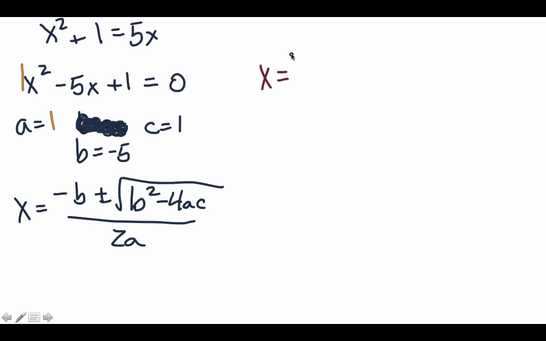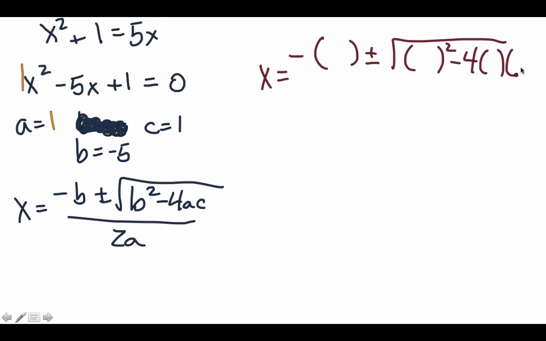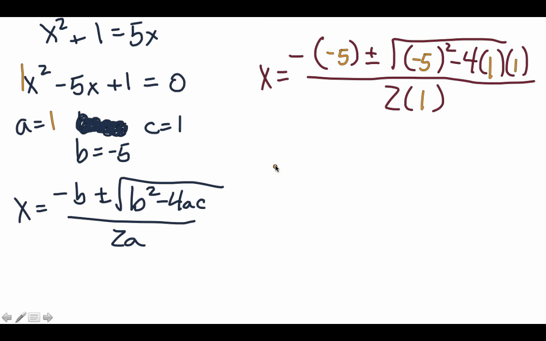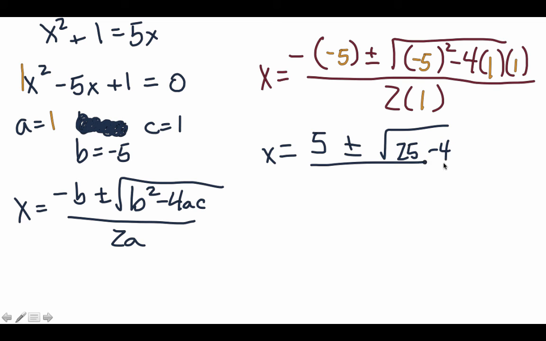X is equal to the opposite of B plus or minus the square root of B squared minus 4 times A times C, that whole mess, divided by 2 times A. So putting these variables in, the opposite of negative 5 plus or minus the square root of negative 5 quantity squared minus 4 times A times C, all divided by 2 times A. That simplifies to x equals 5 plus or minus the square root of 25 minus 4 all over 2.